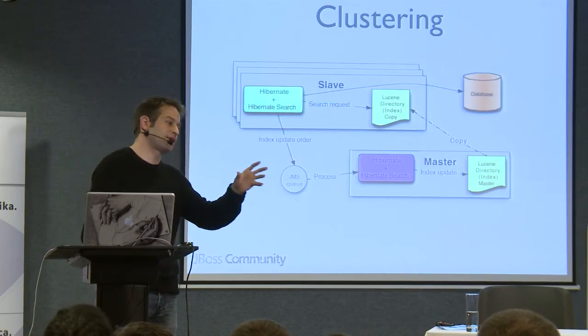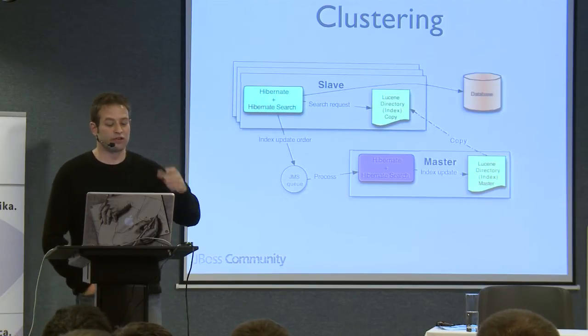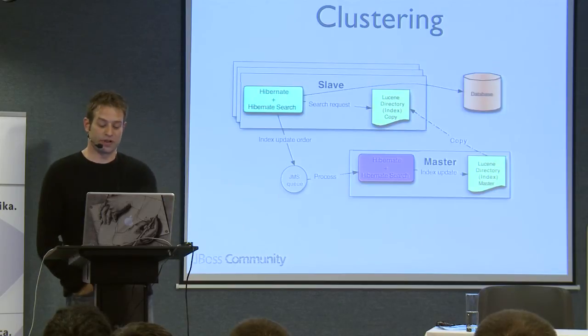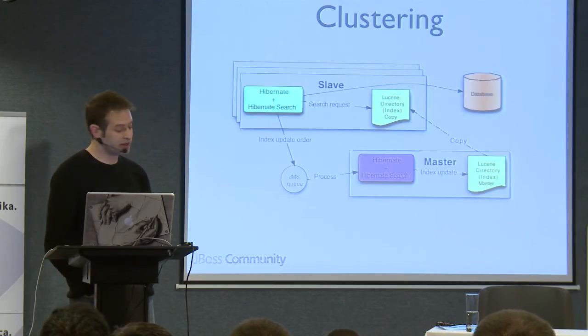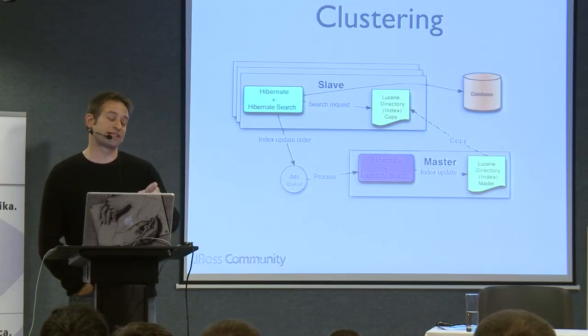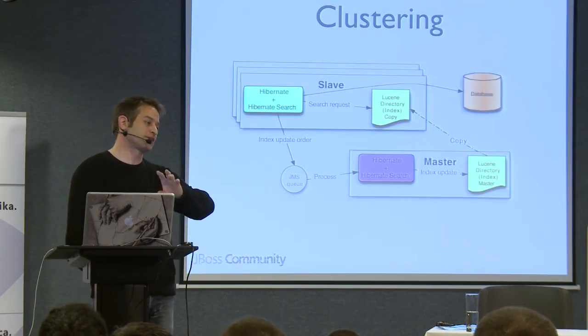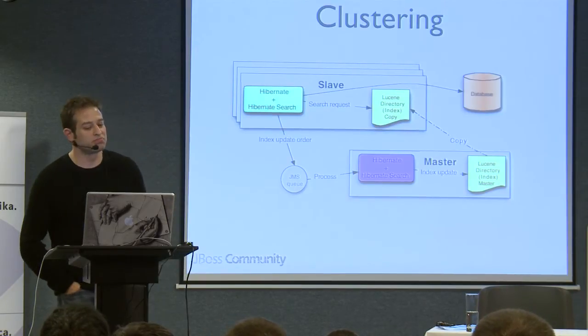The master takes up this indexing request and updates the master index at the bottom right. And then at regular intervals, all the slaves get a copy of this master.